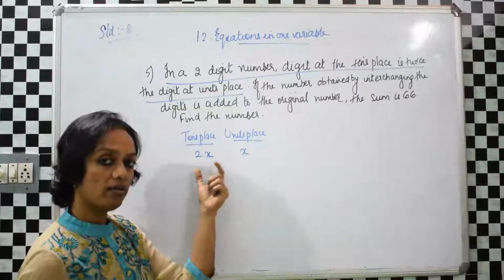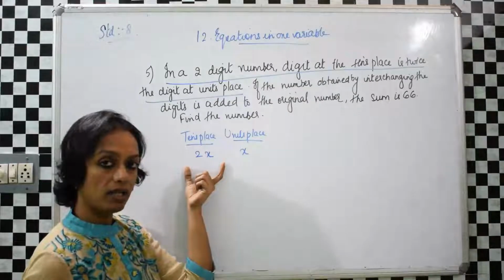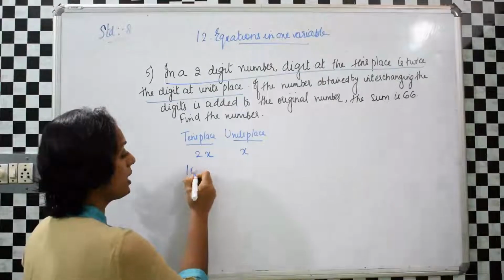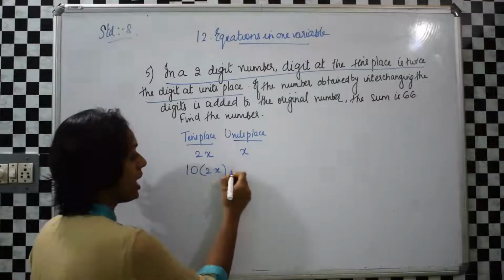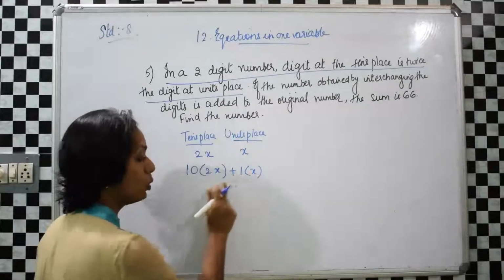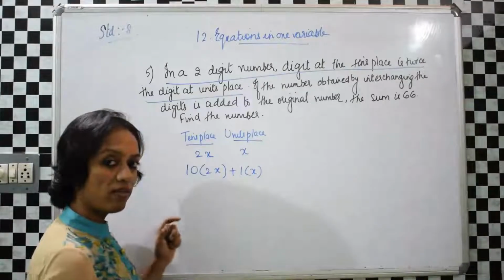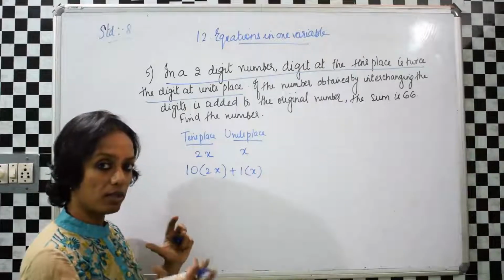Now whenever you have the units place and the tens place, how will you write the number? The tens place will be multiplied by 10 and the units place will be multiplied by 1 and you get the number. This is your number. Now you have to put this in the form of words.